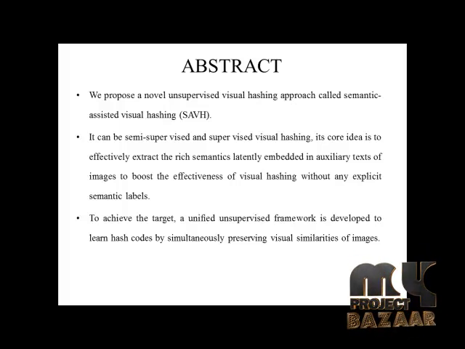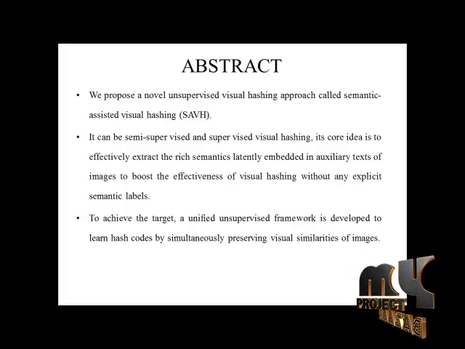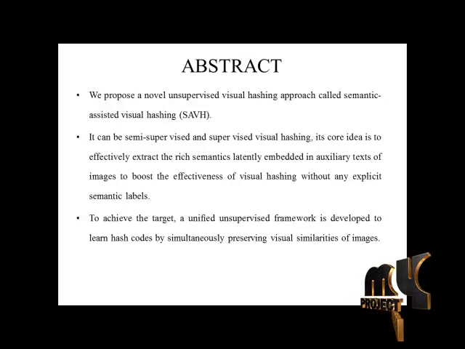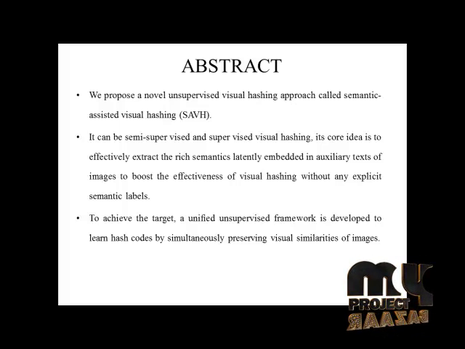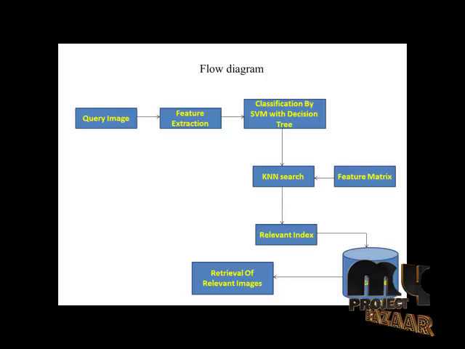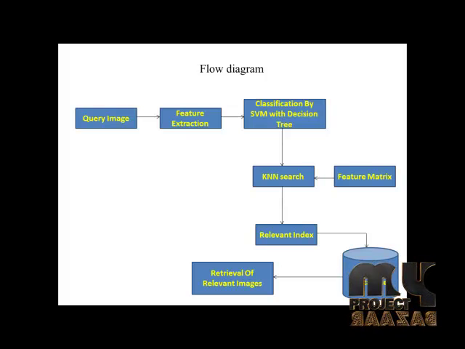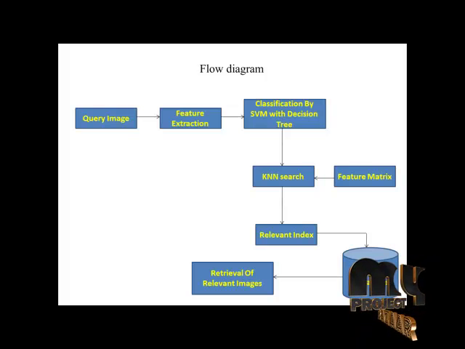To achieve the target, a unified supervised framework is developed to learn hash codes by simultaneously preserving visual similarity of images. The project flow diagram is to retrieve the image by using a visual hashing code.